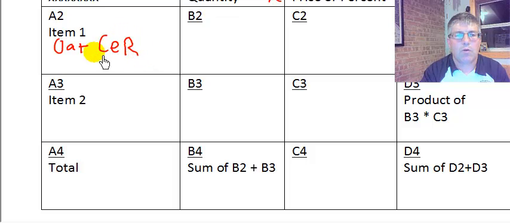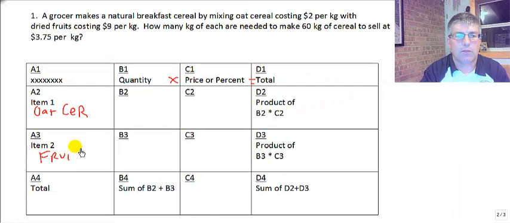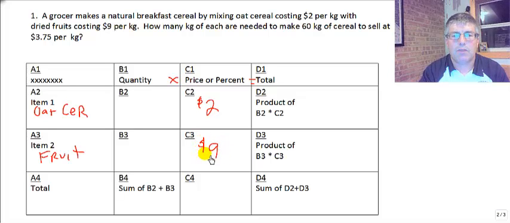So this row will deal with the oat cereal. And this row will deal with the fruit. So this is our fruit. So our column, this is our price column. C is our price column, or percent. We're working with price here. So oat cereal, the price of the oat cereal was $2. And the fruit, every kilogram of fruit, was $9.